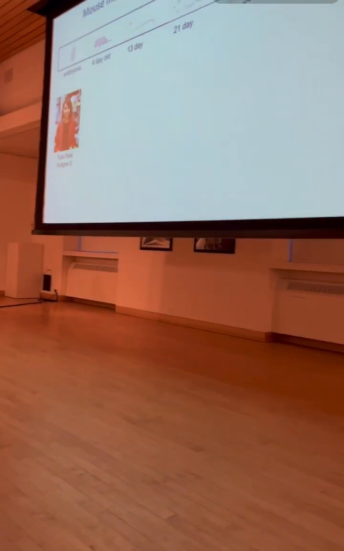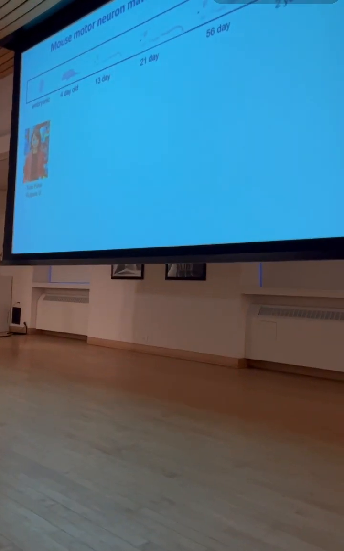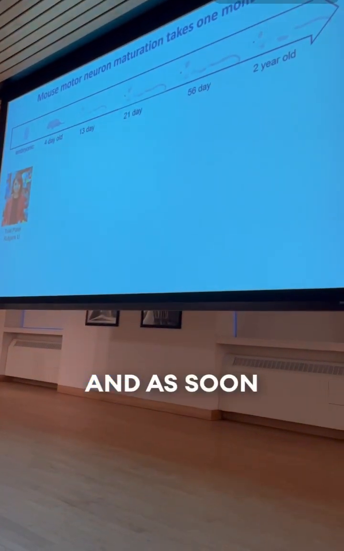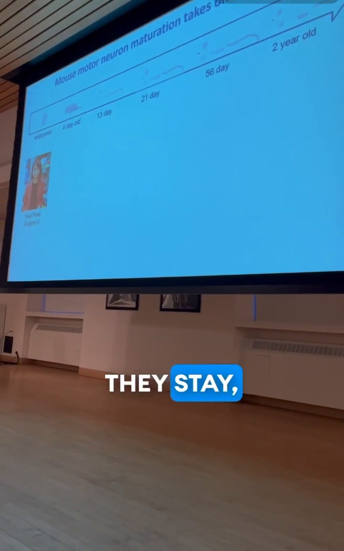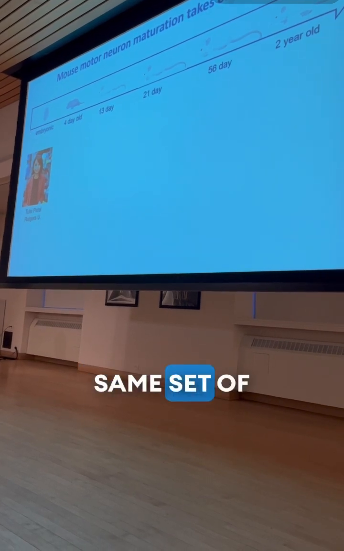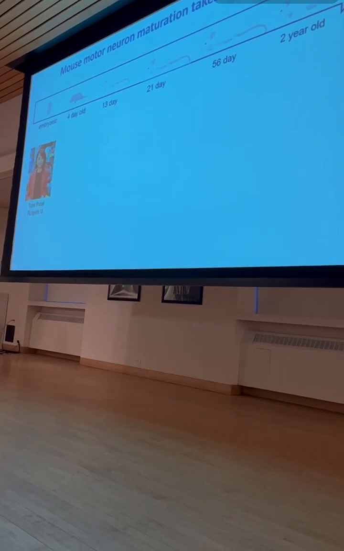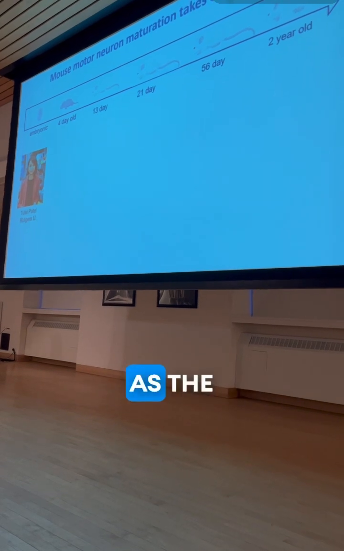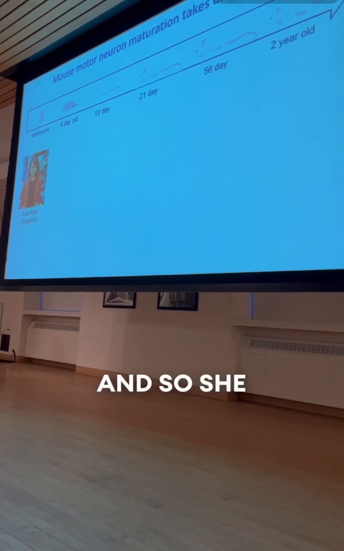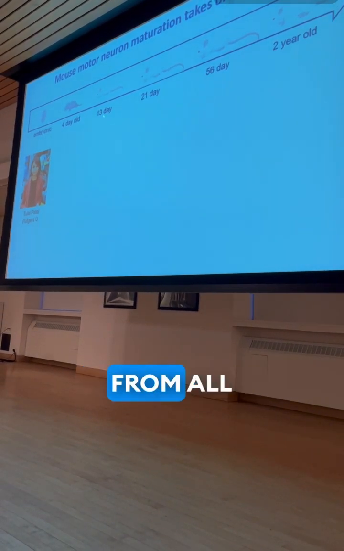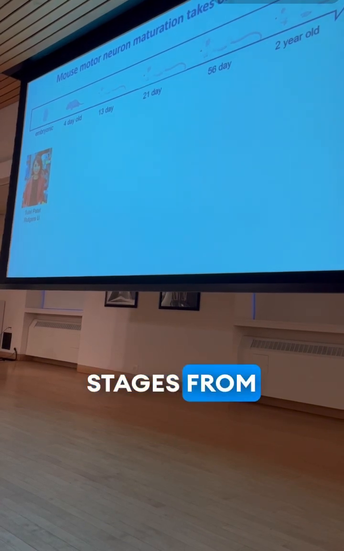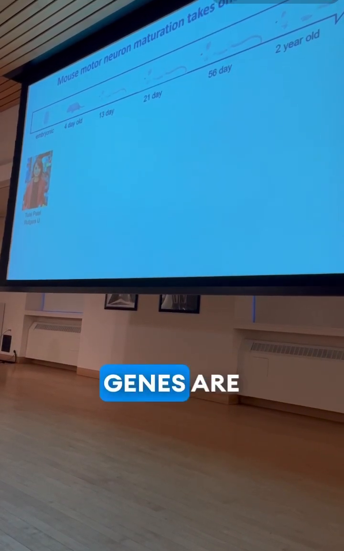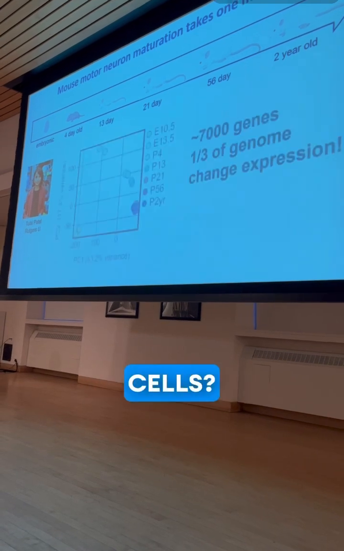She asked whether motor neurons very quickly turn on the right set of genes, and as soon as they do, maintain the same set of genes through the lifetime, or whether these cells change as the organism matures. And so she isolated motor neurons from all these different stages from mice, and then asked what genes are turned on or off in these cells.